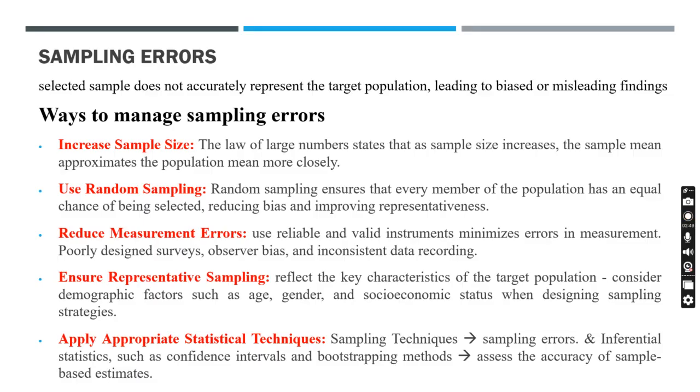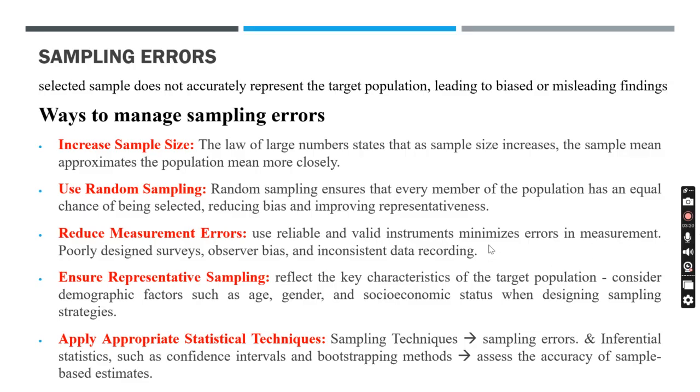Because if you use a valid instrument that has been tested a lot and proved that it could help us get accurate results, this means we are going to reduce the sampling error. But if you design the survey or the questionnaire in a poor way, and if you have a lot of biases affecting your measurement, and even record your data inconsistently, this is going to lead to multiple sampling errors.